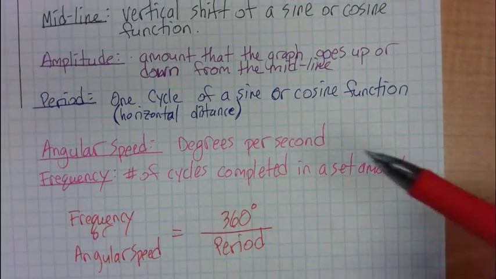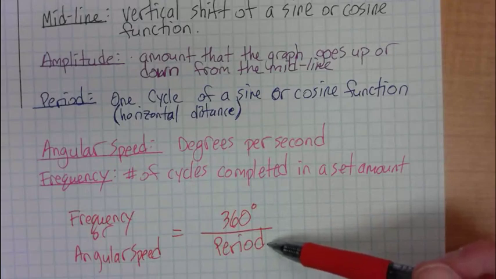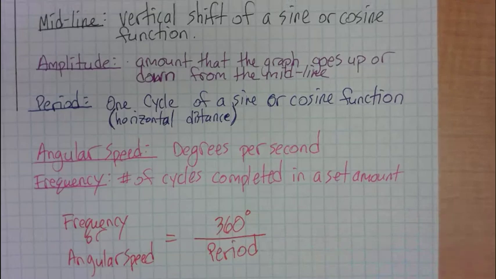Think about what we did here: 360 degrees divided by 20 seconds for one cycle on our first wheel got us 18 degrees per second, or 18 cycles completed in a full 360. You can also reverse this formula. If you didn't know the period, you could use your frequency: 360 divided by 18 would give you the other direction.